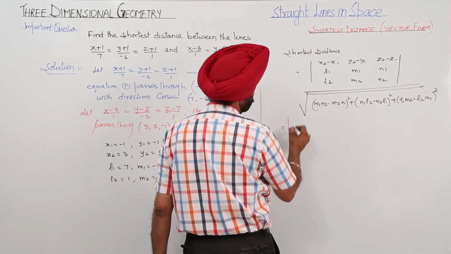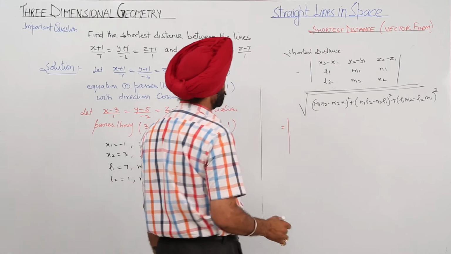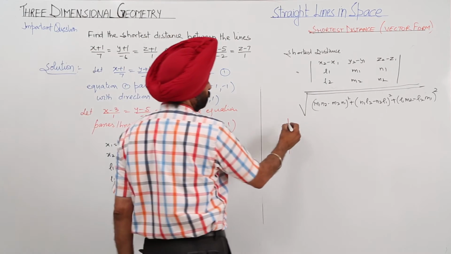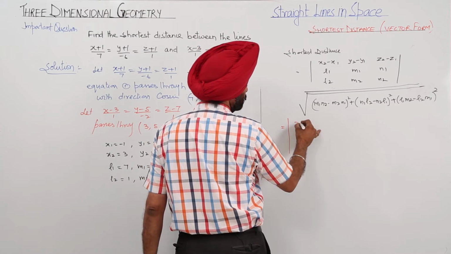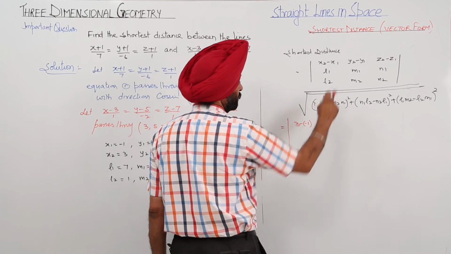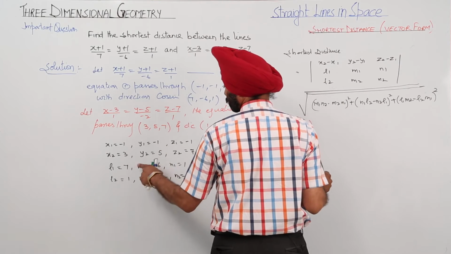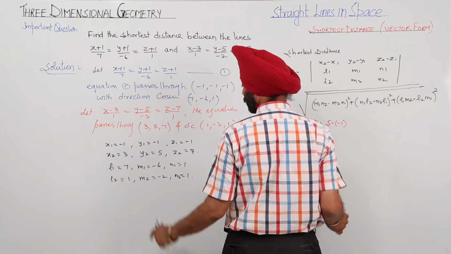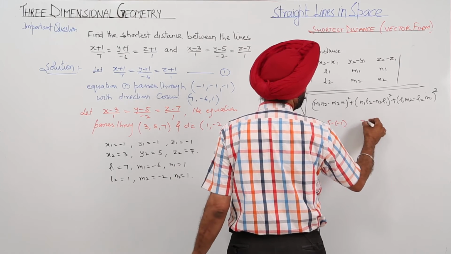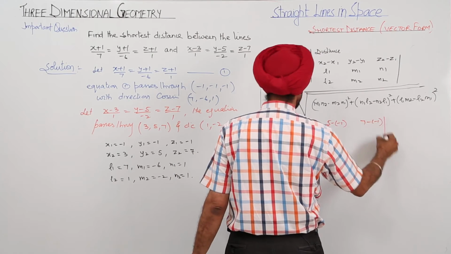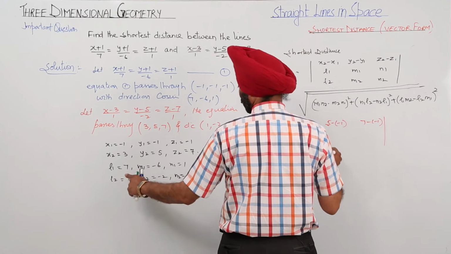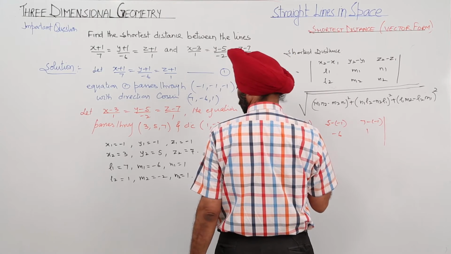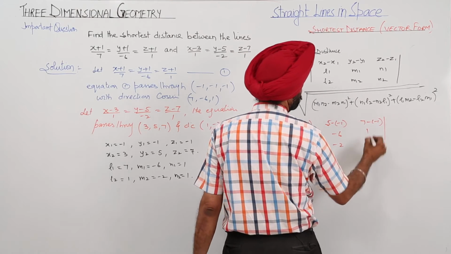So let's do the numerator in determinant form. x2 - x1 is 3 - (-1), y2 - y1 is 5 - (-1), and z2 - z1 is 7 - (-1), with rows 7, -6, 1 and 1, -2, 1.